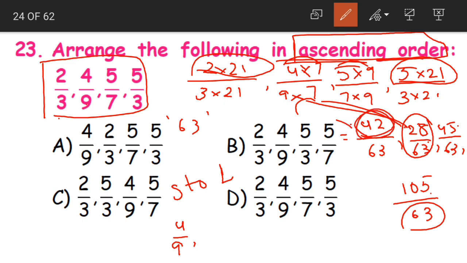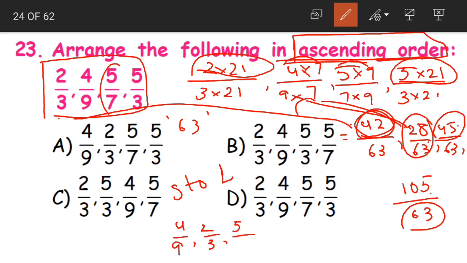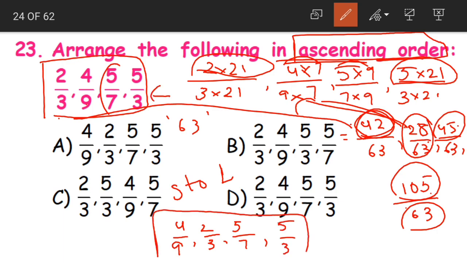So 42 is nothing but our first fraction, 2 by 3. Then we have 45. 45 is our third fraction, 5 by 7. And lastly we have 105, that is our last fraction, 5 by 3. So this is our ascending order: 4 by 9, 2 by 3, 5 by 7 and 5 by 3.